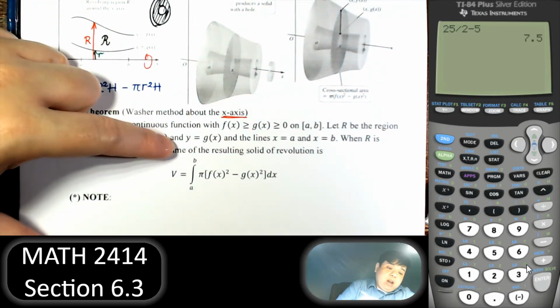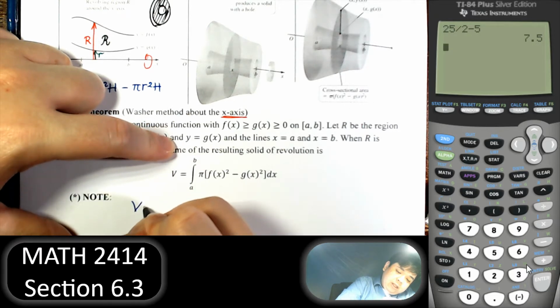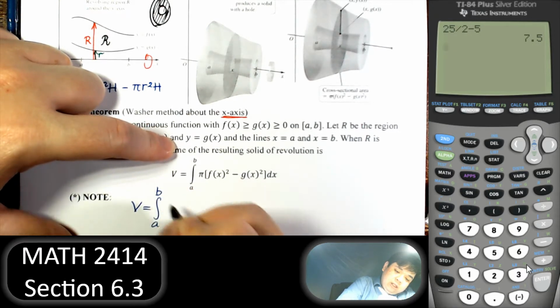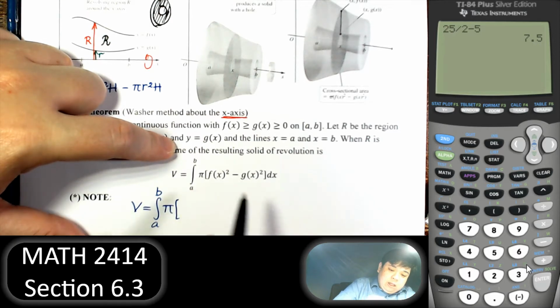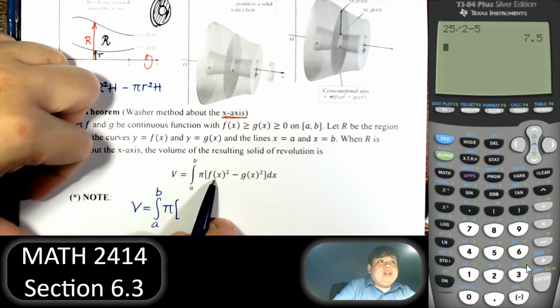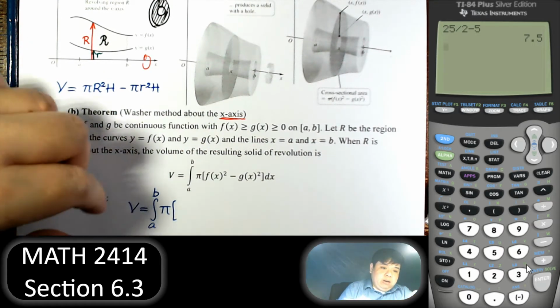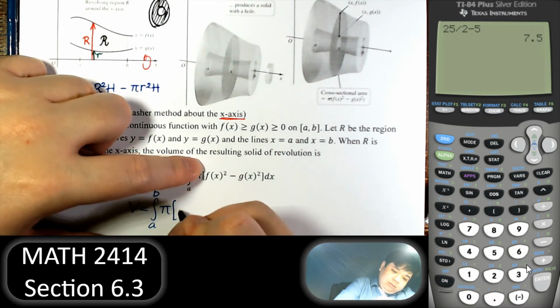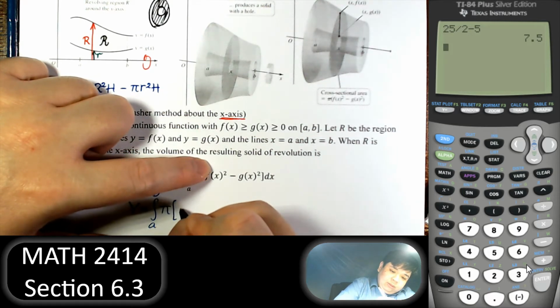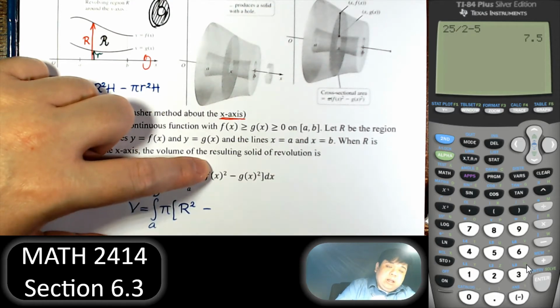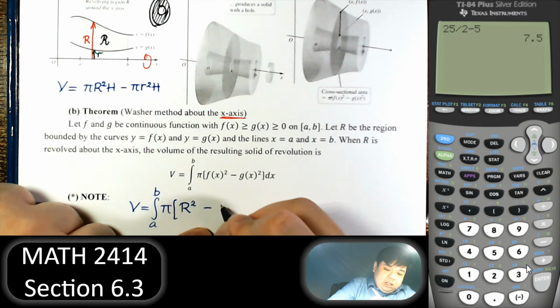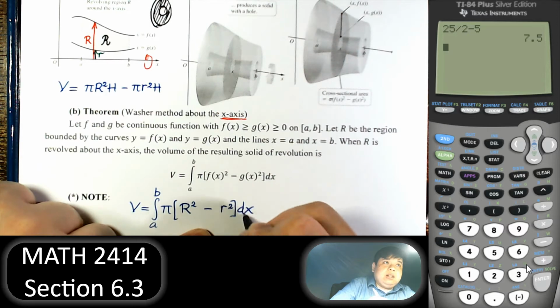So instead of writing it like this, we say V equals the integral from a to b of pi, and then we have the big radius or the outer radius, from the axis of rotation to the outer edge, big R squared, and then the inner radius, little r squared, and then dx.